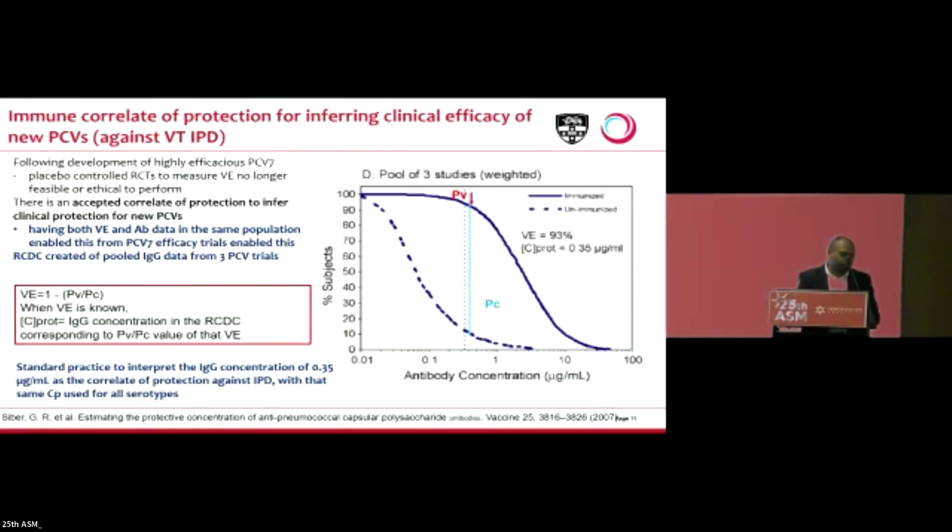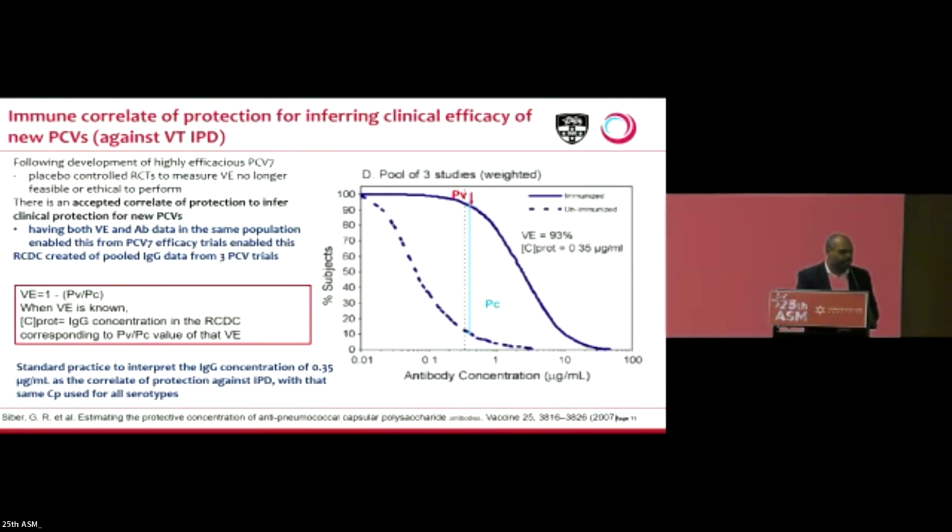So fortunately, there is an accepted correlate of protection to infer clinical protection in children for new PCVs. And that was possible because there were both vaccine efficacy and antibody level data from the same population from PCV7 efficacy trials. And I won't go into details of how this correlate of protection was developed, but that Siber et al. paper in 2007 describes that method.